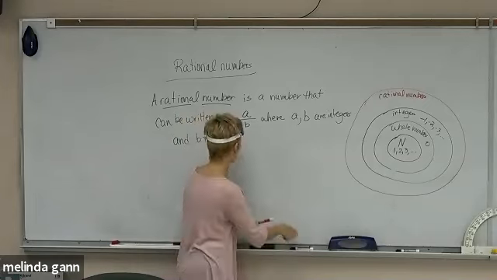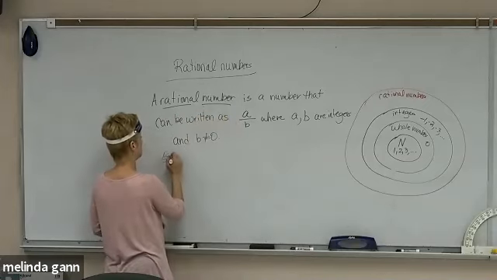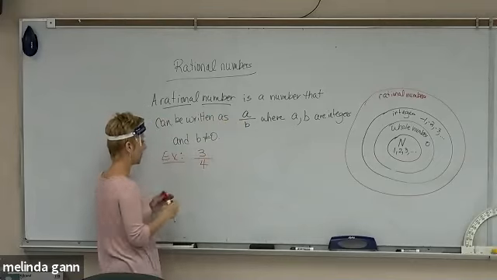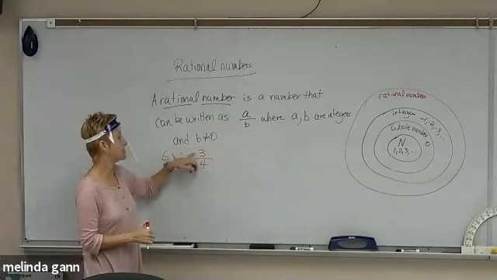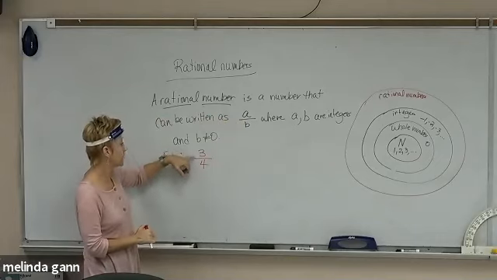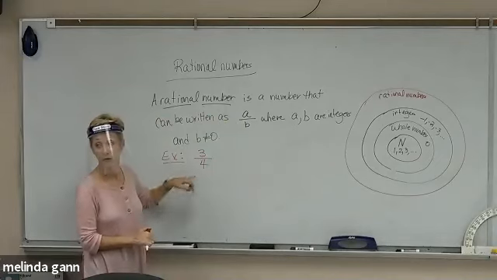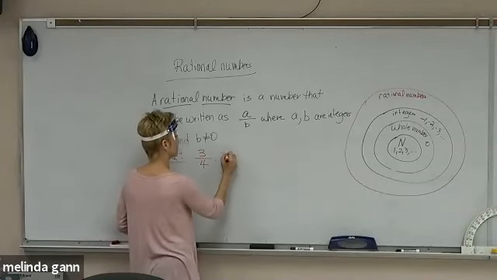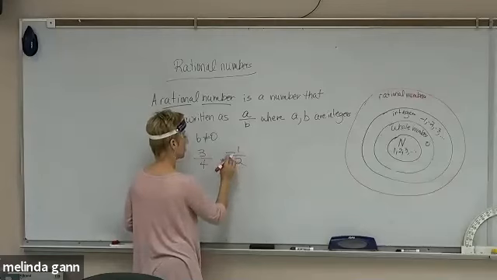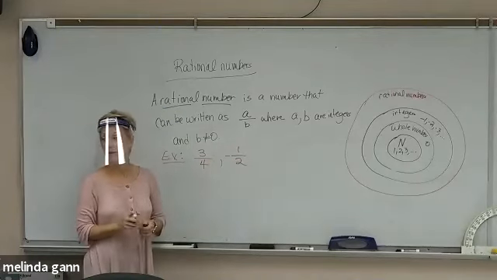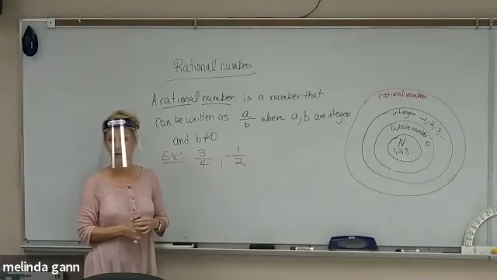So let's make sure we're clear about something. For example, is the number 3/4 a rational number? Yeah, because it's an integer divided by another what? Integer. Is -1/2 a rational number?